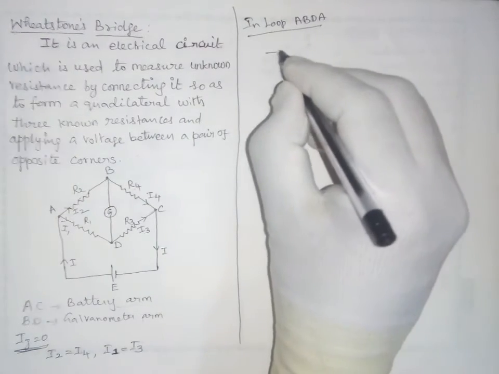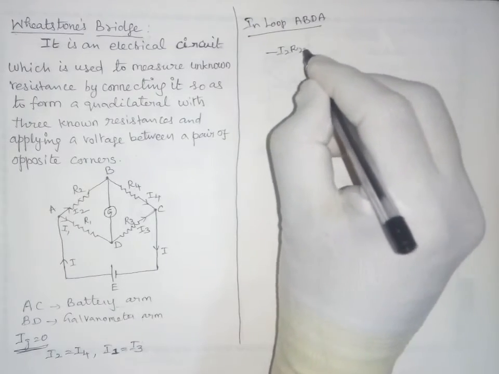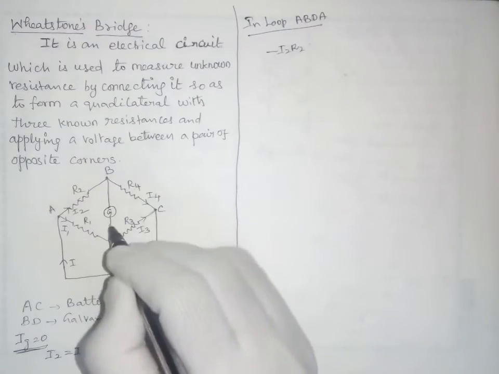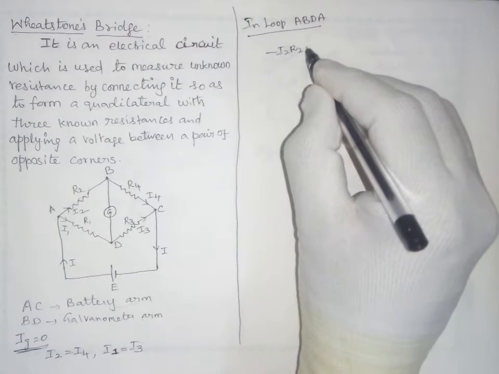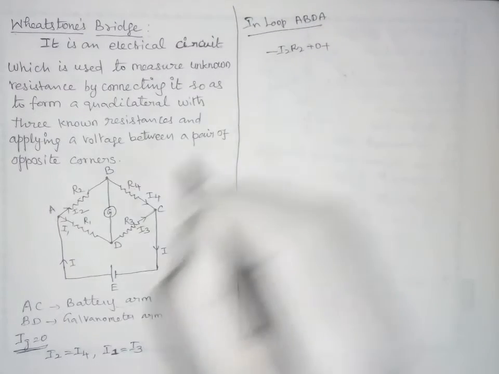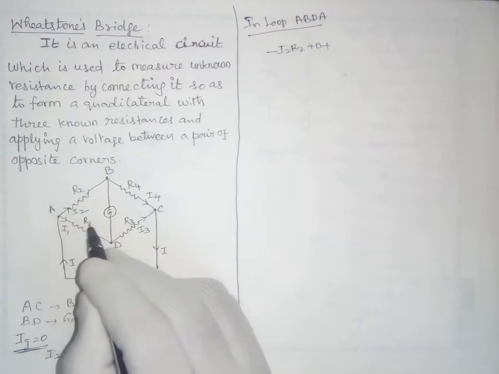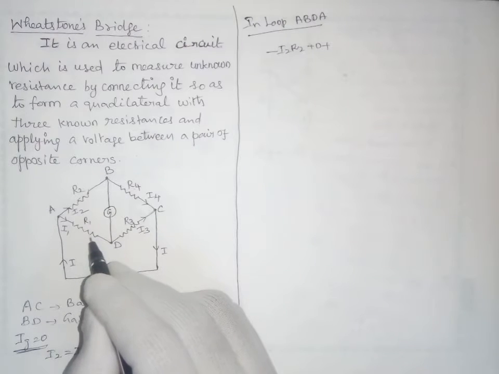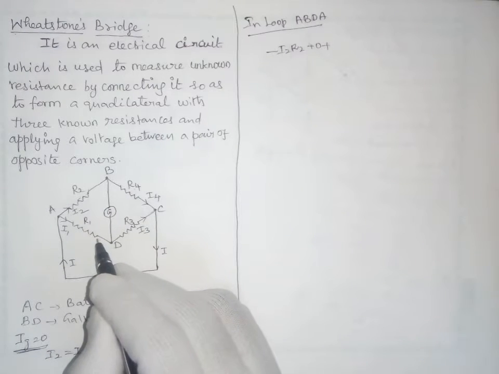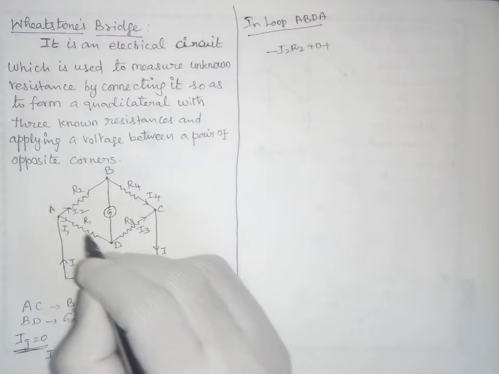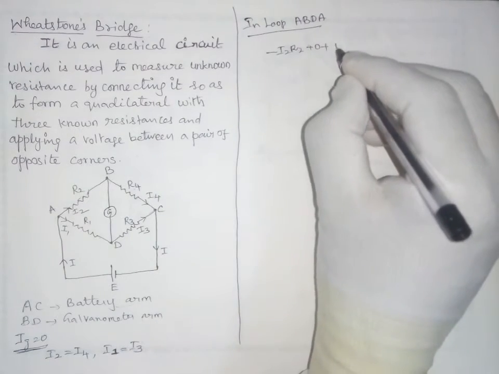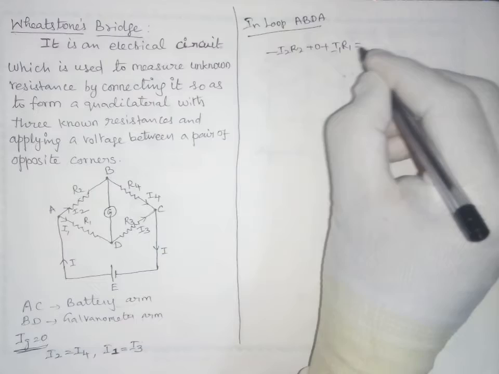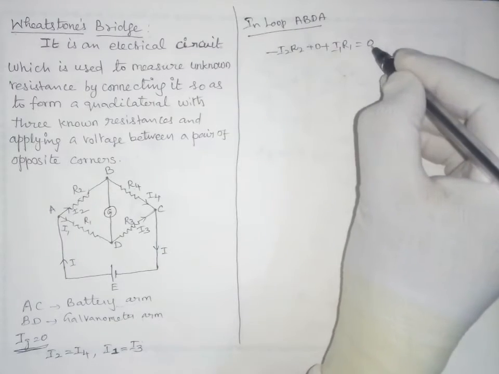So minus I2 R2, and Ig equal to 0, so we can write 0 plus I1 R1. This is taken as positive because we move from lower potential to higher potential. So I1 R1 minus I2 R2 equals 0, the sum should be 0.